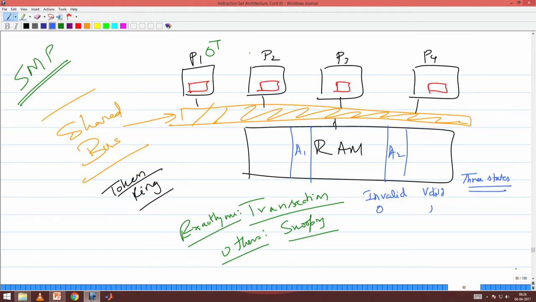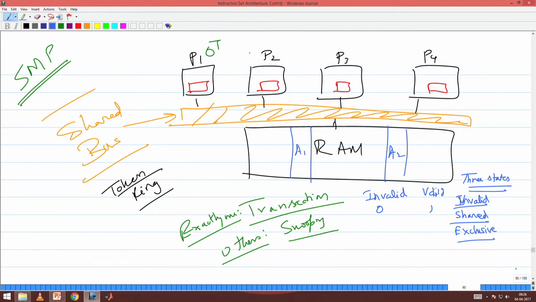Every cache line earlier had 2 states, now it will have 3 states. First, invalid. Then we have something called shared, and then something called exclusive. So we have 3 states here: invalid, shared, and exclusive.